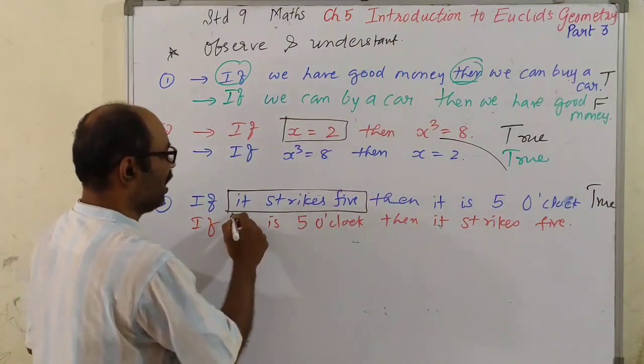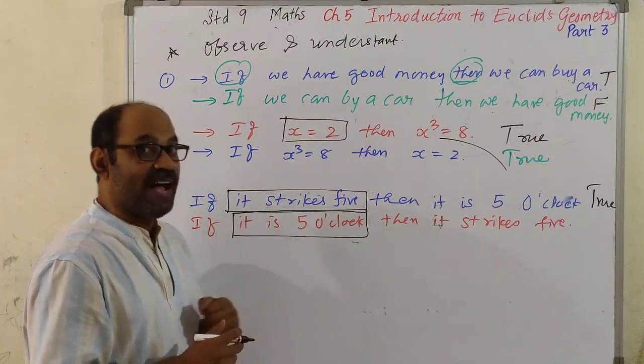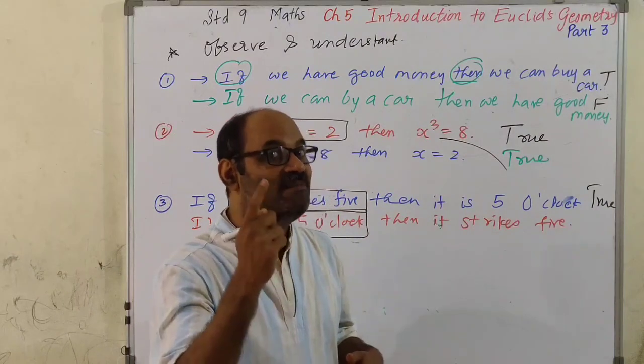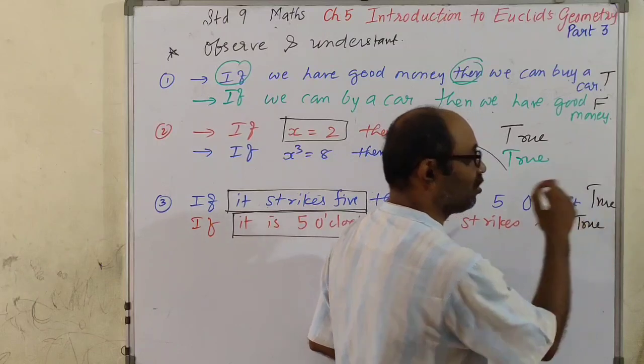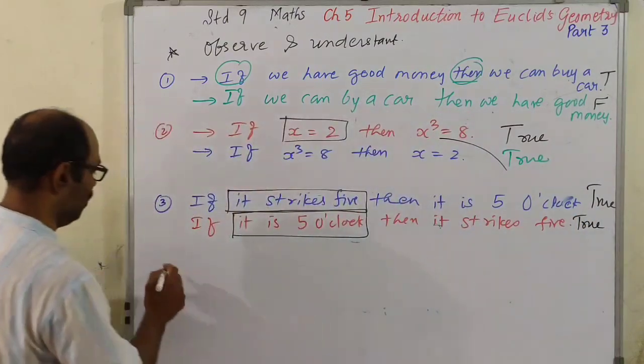Now here, the converse statement. What is the condition in the converse statement? It is 5 o'clock. If it is 5 o'clock, how many strikes will there be? 5. So it strikes 5. This is also true. So here also the two statements are true. Let's see one more example. Fourth one.